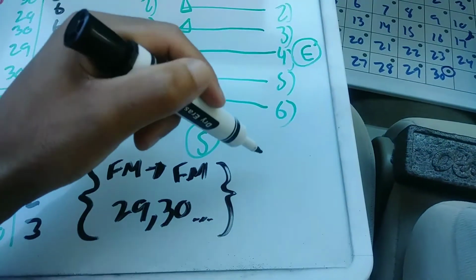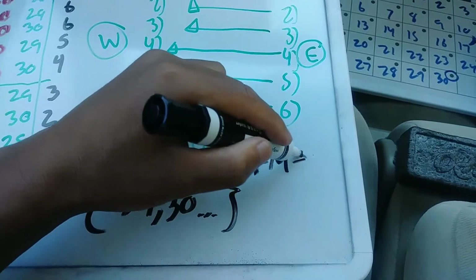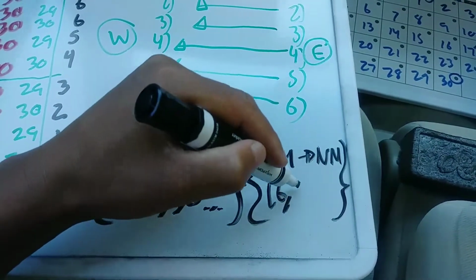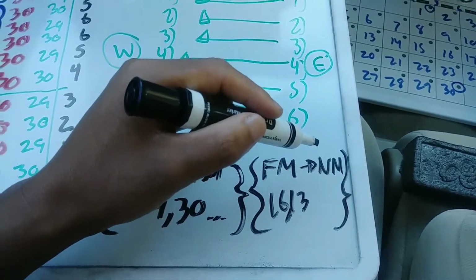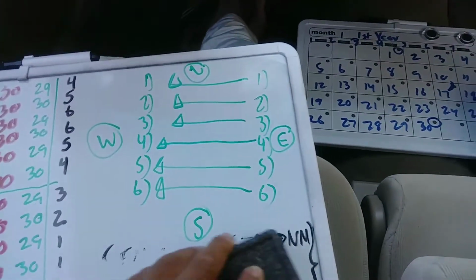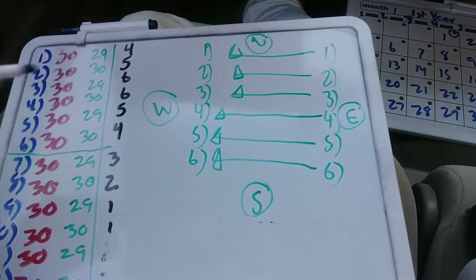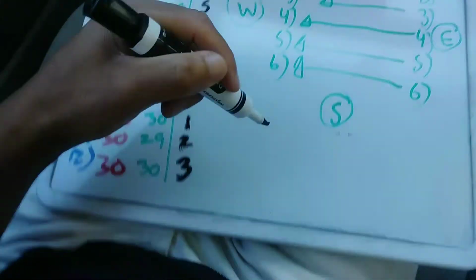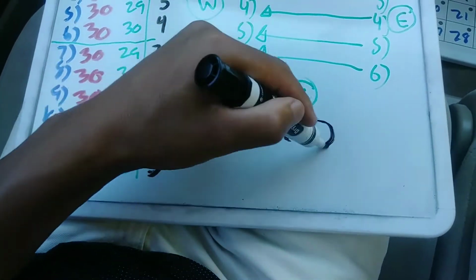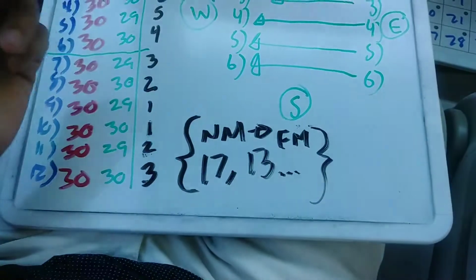And then from full moon to new moon, the pattern is 16, 13, and then to go from the new moon back to the full moon would be 17 and 13.